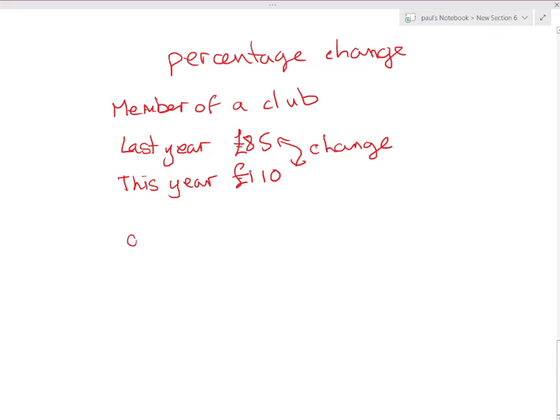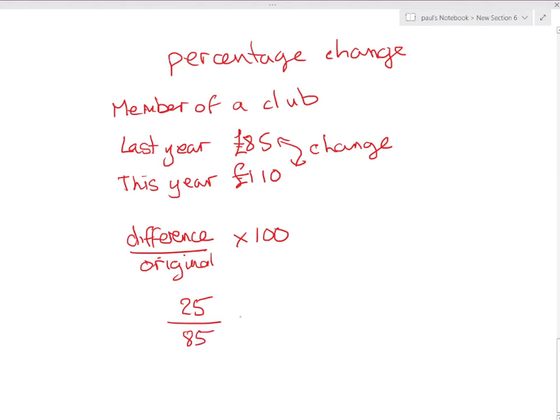So we use this. The difference divided by the original. There's a fraction there. Just times it by 100 to change it into a percentage. The difference between these two numbers is £25. The original is last year's price, 85.